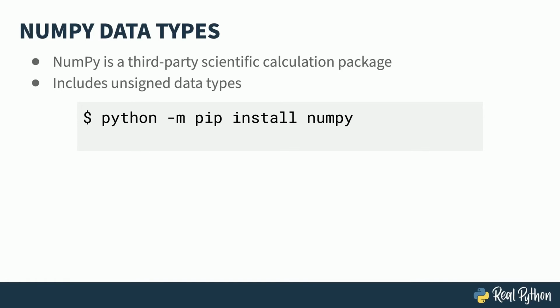As always, it is best practice to do this in a virtual env. With NumPy installed, I can import the unsigned 32-bit integer. Like everything in Python, this is an object. Unlike the C types, NumPy's objects support bitwise operators.